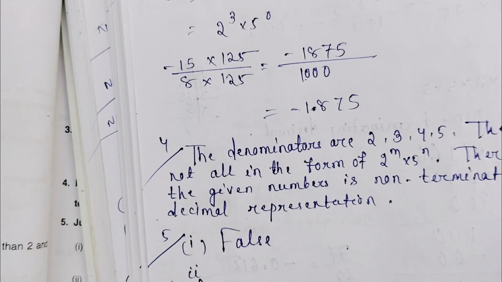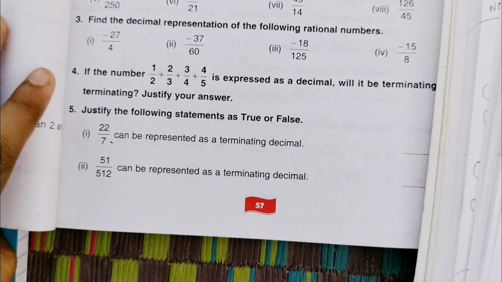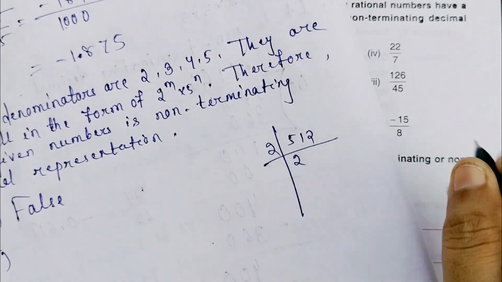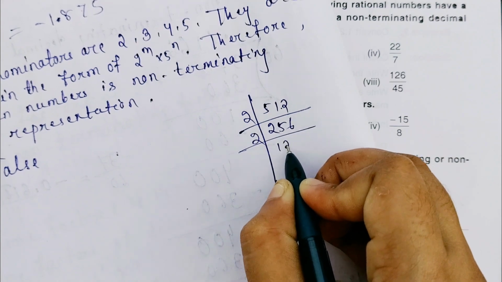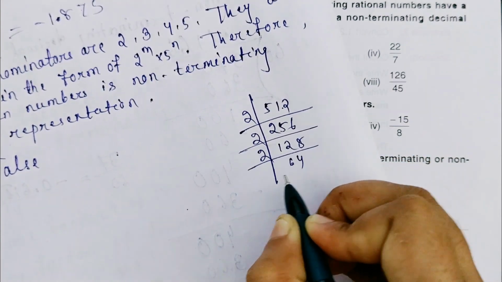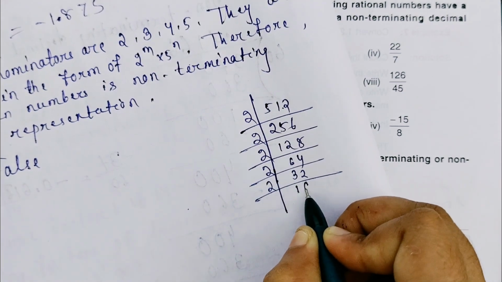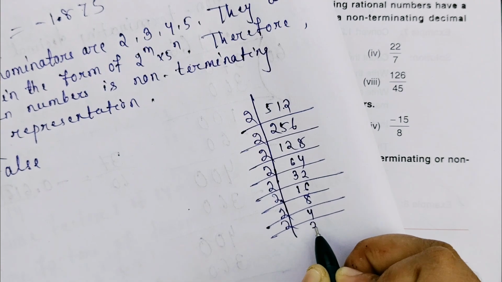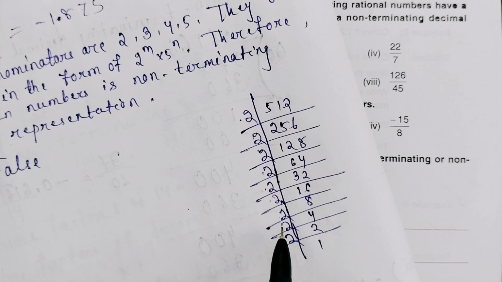Then another point, 51 by 512 can be represented as a terminating decimal. First we find the prime factors of 512. 2 times 2 is 4, and continuing to divide by 2 down to 1, we count 1, 2, 3, 4, 5, 6, 7, 8, 9.